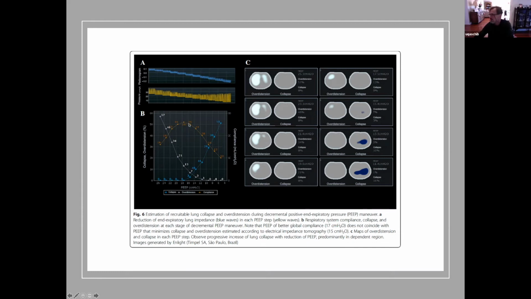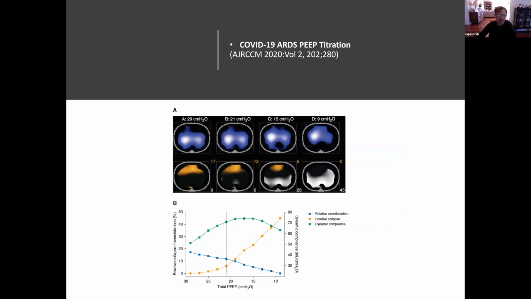And EIT indeed allows you for an individual patient to configure this sweet spot. So we don't necessarily have to use an ARDSNet table where we have fixed measures of PEEP and FiO2 ratios based on PF ratios. We have actually a tool in our hand that can titrate the individual correct PEEP level. Similar here with a recent study in COVID patients.